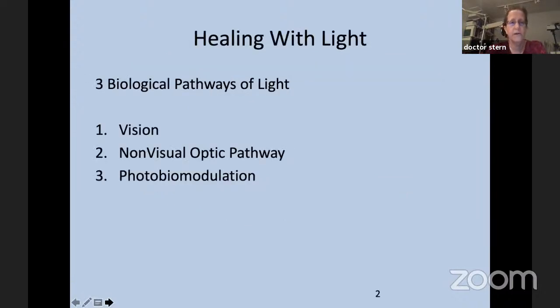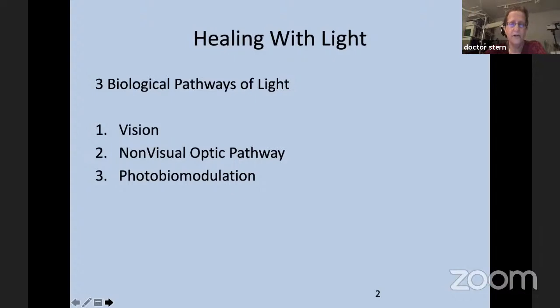So there are three biological pathways of light. We obviously know vision. Some people are familiar with the non-visual optic pathway that goes through the eyes to the hypothalamus and is for our circadian rhythm, or our sleep-wake cycle.